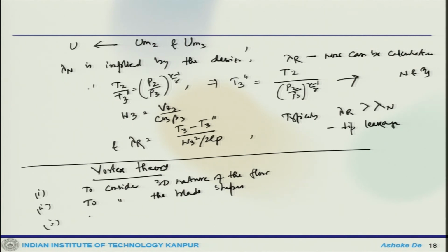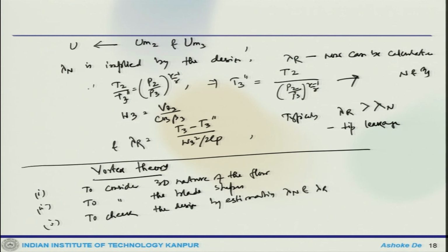Third, to check the design by estimating lambda n and lambda r from the results of cascade tests suitably modified to take into account the 3D flows. Okay.